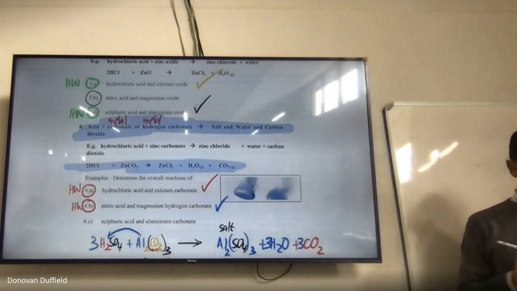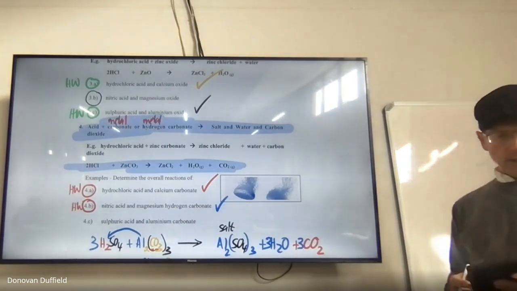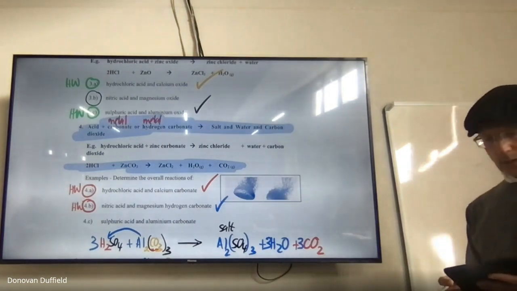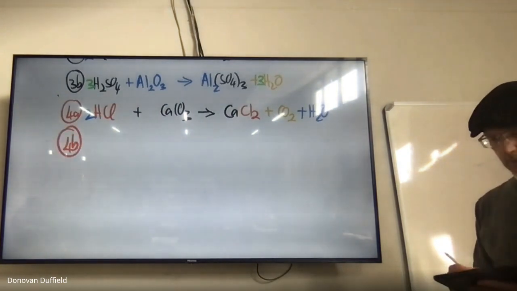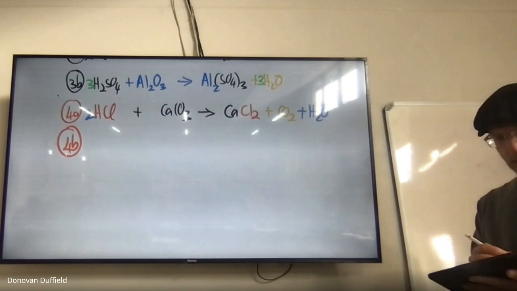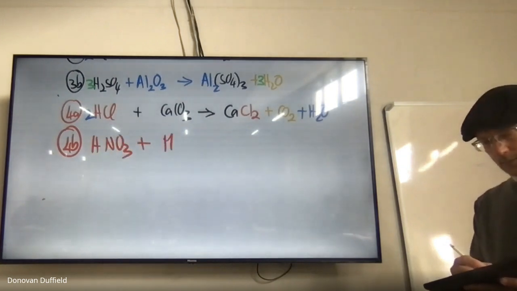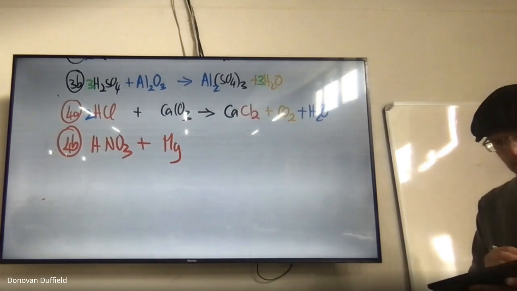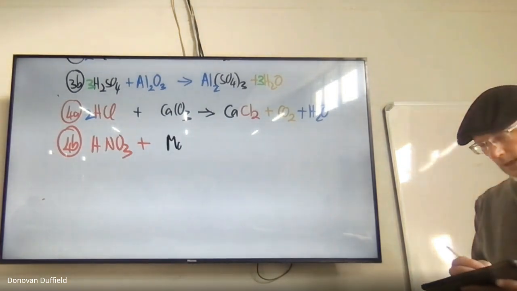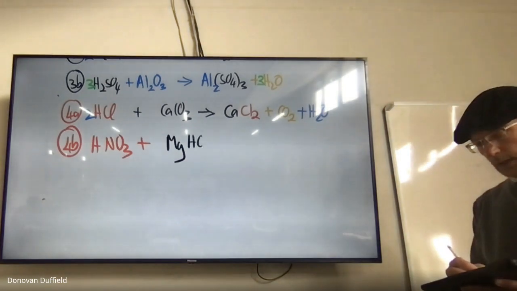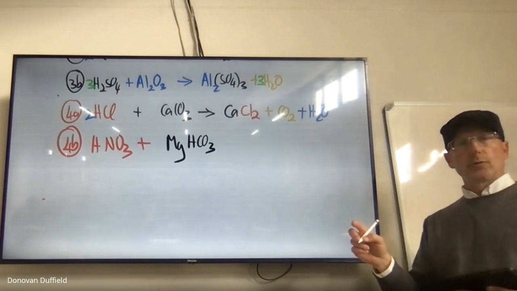4B, nitric acid and magnesium hydrogen carbonate. Nitric acid is HNO3, and magnesium hydrogen carbonate. Now, just be careful. Carbonate is CO3 minus 2.